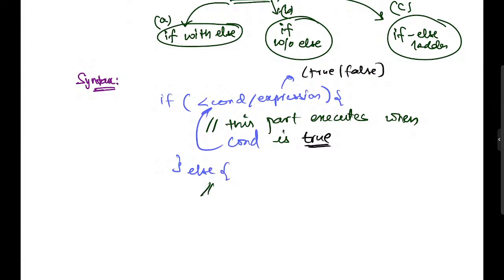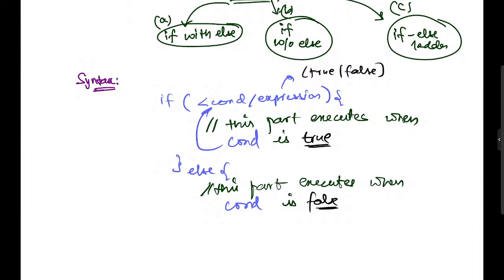this part executes when the condition is false. Again, the condition is this condition.